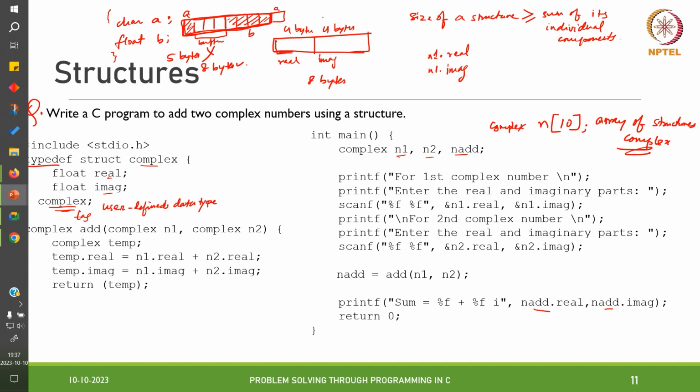No, we cannot utilize that buffer. That is wasteful. That is why, unless you absolutely need to use a structure, don't use a structure. Rather, go for a union if you want, because if you need to save only one component at a time, it's better to use a union rather than a structure.